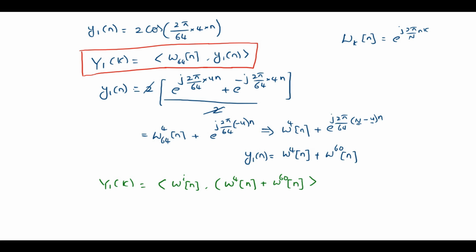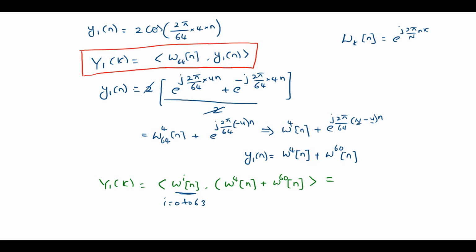We have just seen that the inner product of twiddle factor values is equal to capital N when the powers are equal, otherwise simply 0. The first one is W power k of n, where k ranges from 0 to 63. The second one is W power 4 of n.